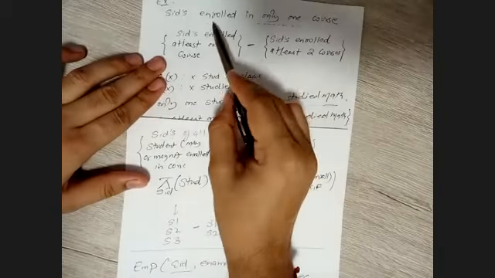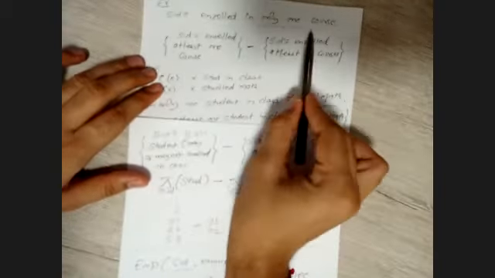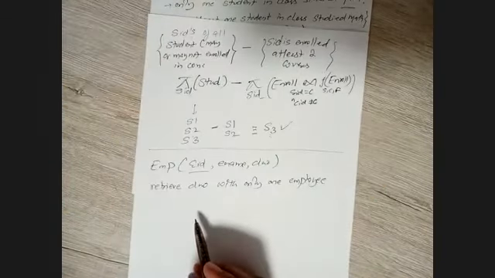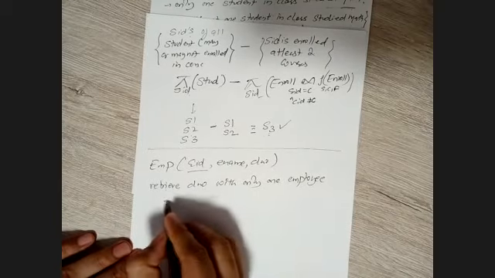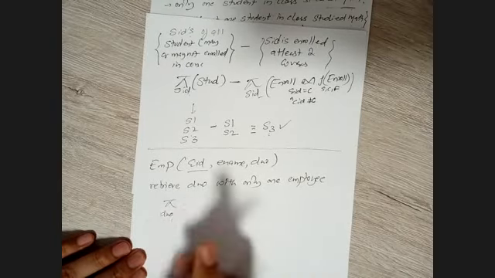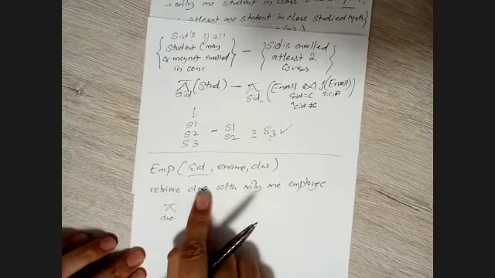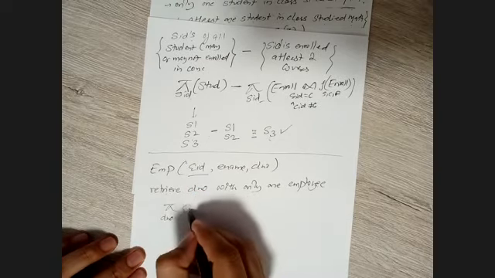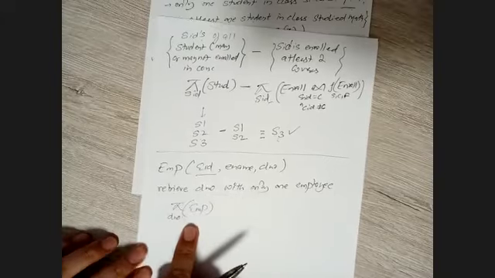Okay, let's check it out. See, this is similar to this one: SID is enrolled in only one course. So what we will write here is, first we find the department number. How many department numbers are there? Because we need to retrieve department number, definitely we will find the department numbers first from here.